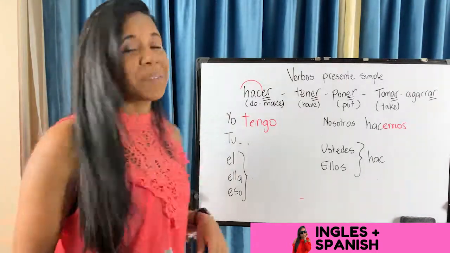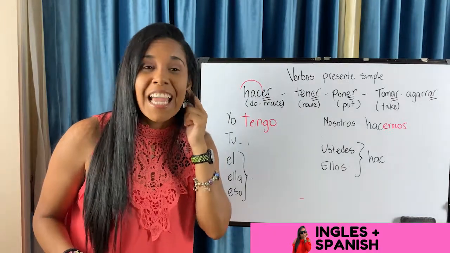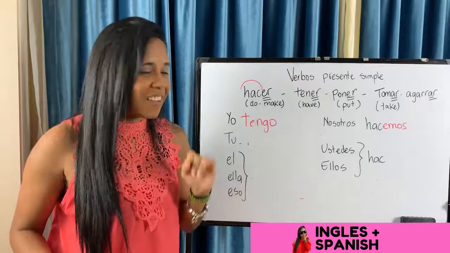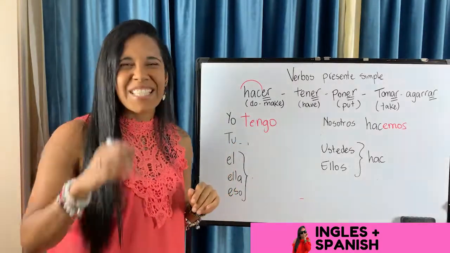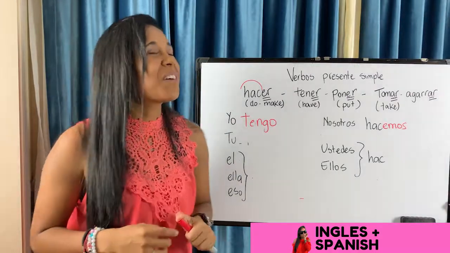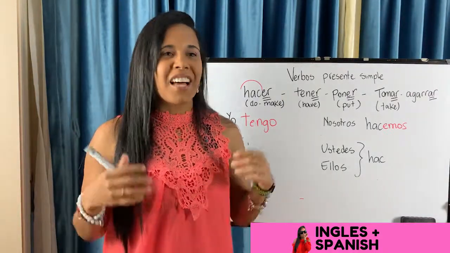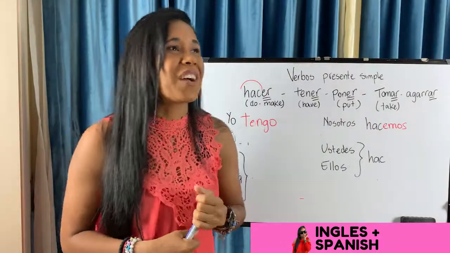What do I have? Yo tengo. Well, I'm going to tell you, what you're hearing is my dog. I actually have 3. So if dog is perro, this is going to be one of the words that is a little bit difficult to pronounce, but in English you don't have that sound.